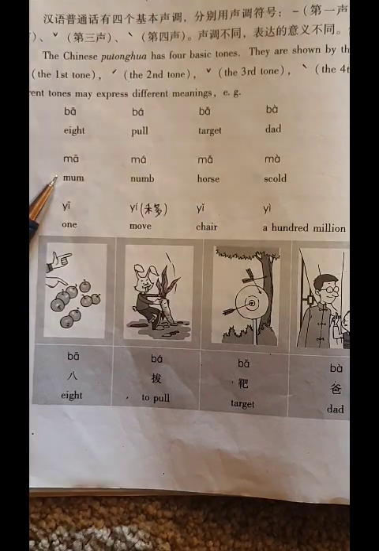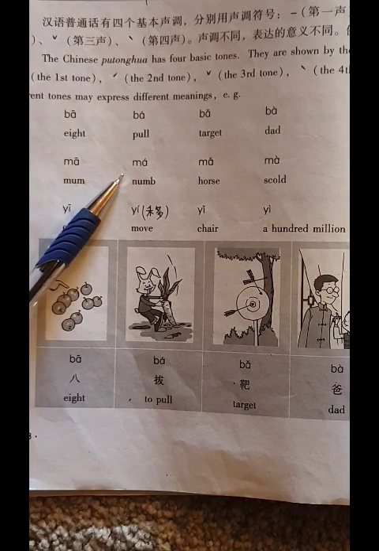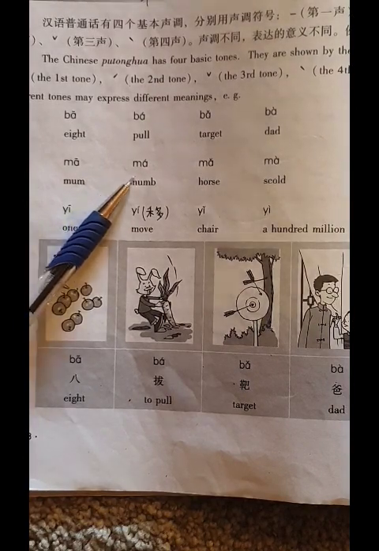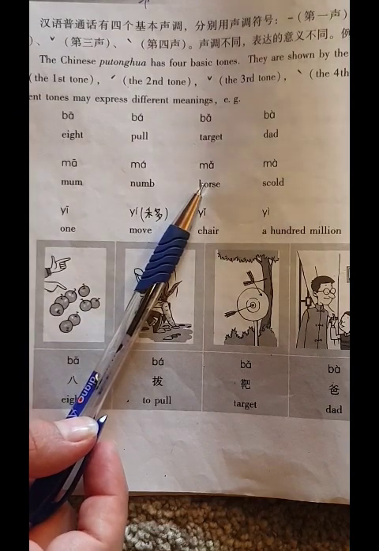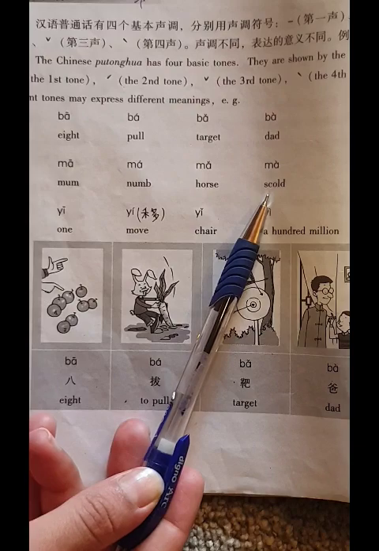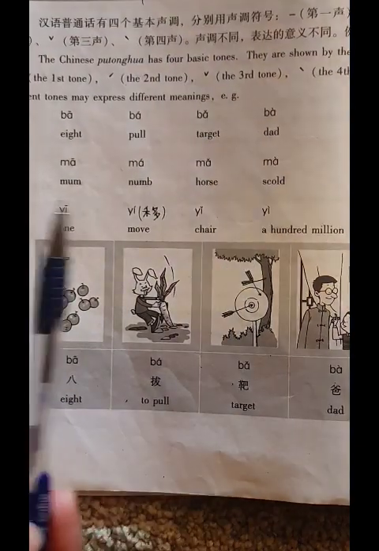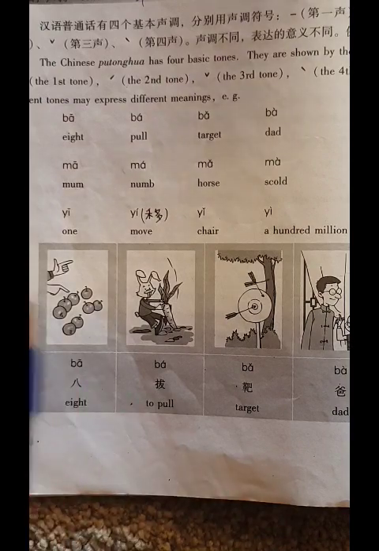Going here, mā, which means mom. Má, ma, and mǎ, which means horse. Mà, which means to scold. Yī, which means number 1.